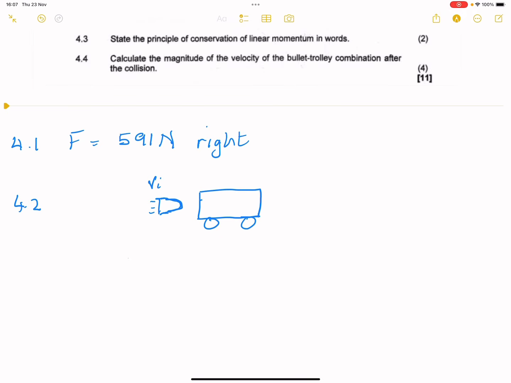Then it went into the trolley and stops at some point inside the trolley. I'm trying to draw a system that you can thoroughly understand. So the velocity of the bullet will be 0.